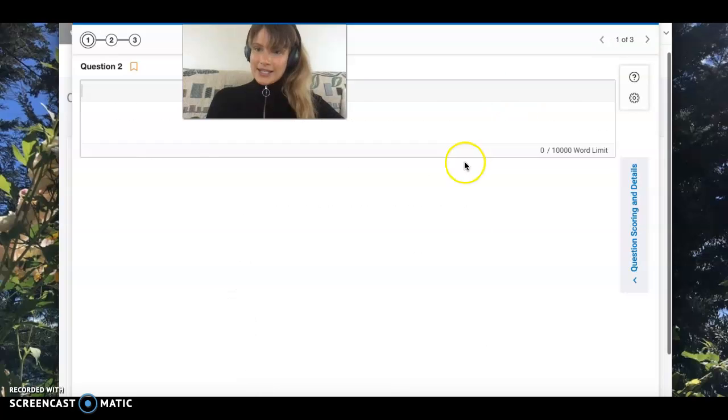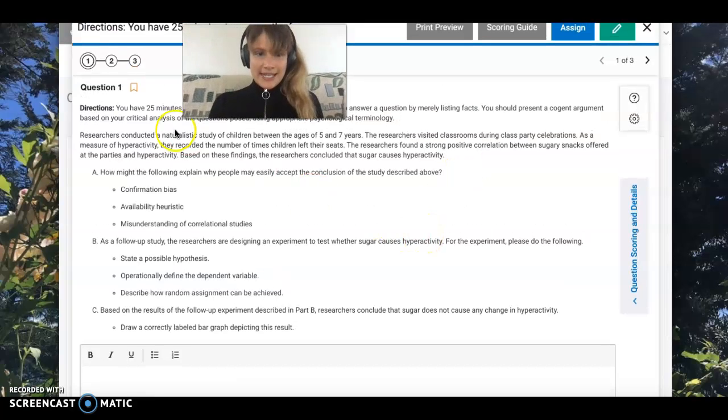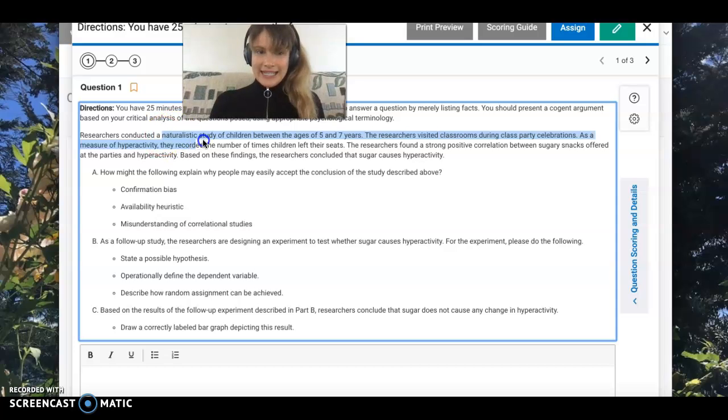Okay, so question 1. Researchers conducted a naturalistic study, meaning they were observing children in their natural environment. They weren't bringing them into a controlled environment like a lab to study them. They were just studying them in their natural environment, of children between the ages of 5 and 7 years.